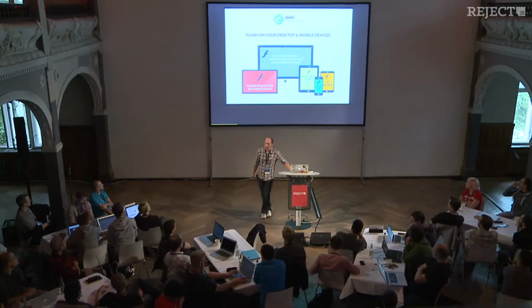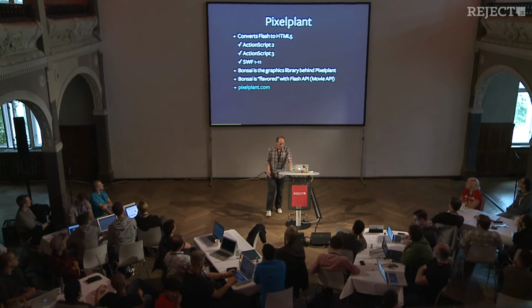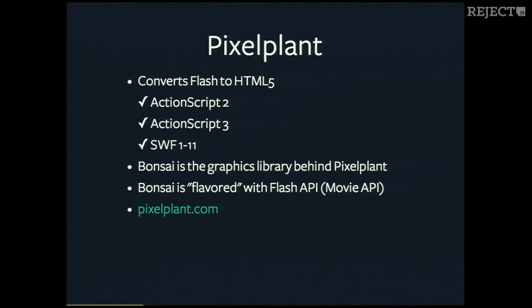And that brings me to another product that is not open sourced. It's also from Xebu, and it's Pixelplant. Pixelplant is a Flash to HTML5 converter. By Flash, I mean SWF files. So we really take the raw binary, and we convert ActionScript 2 as well as ActionScript 3, SWF 1 to 11.